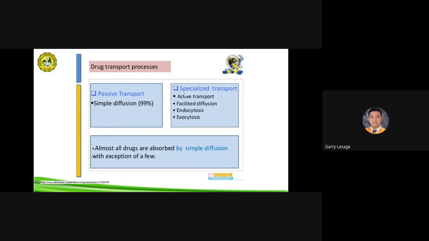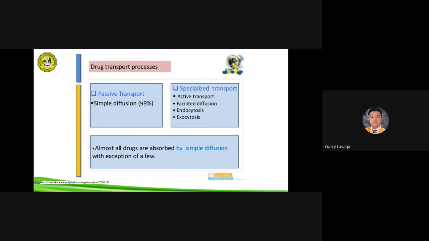When we classify the different drug transport mechanisms, we can classify them into two major groups. The first group does not require any carrier or energy, and this is known as passive transport or simple diffusion.